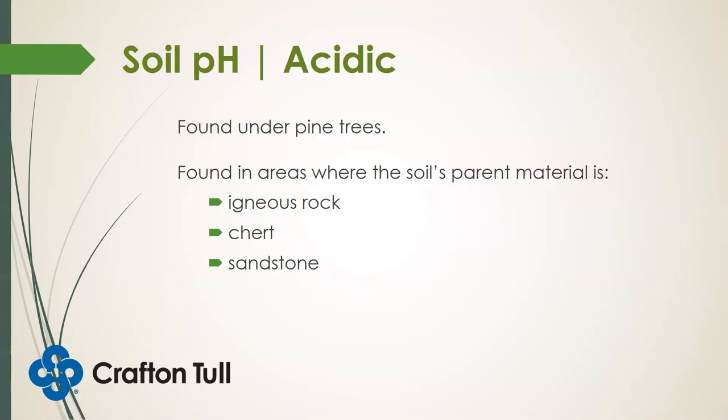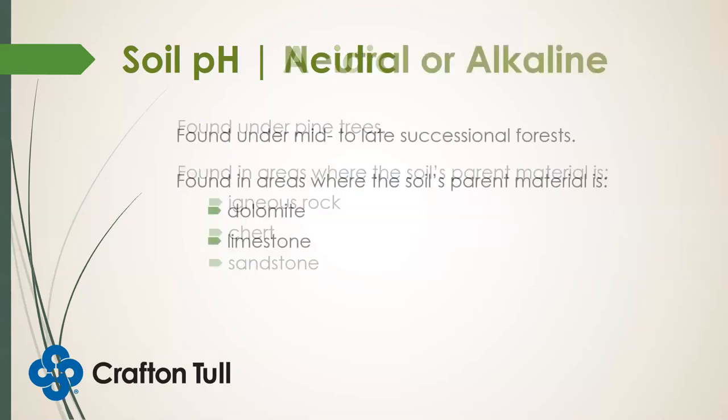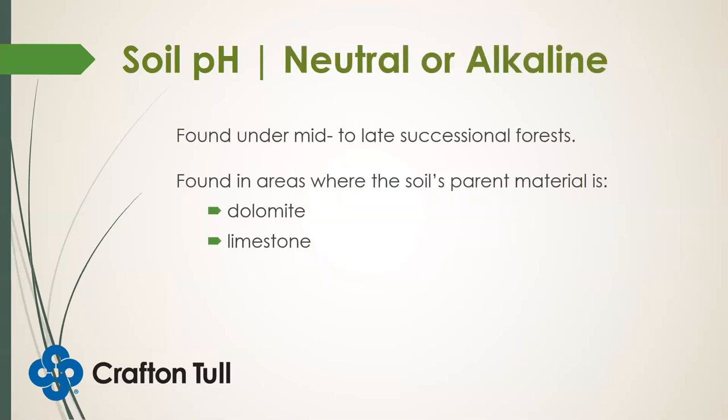You can also find low pH soils in areas where the soil's parent material came from either igneous rock, chert, or sandstone. These tend to impart a slightly lower pH to the soil than where the parent material is made of dolomite or limestone, which has a lot more alkaline or calcareous properties to it.